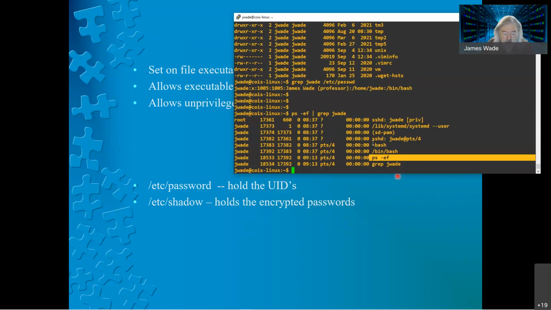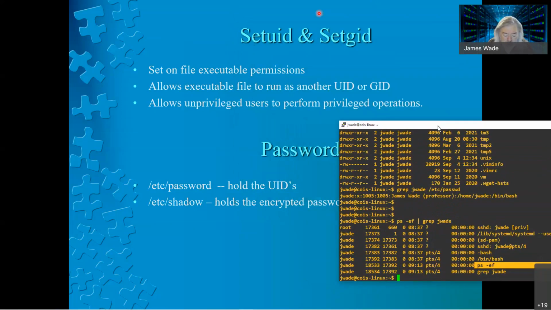Well, there's something called set UID and set GID. It's a way to set the executable permissions on a file, allowing it to run as another UID or GID. It allows unprivileged users to perform privileged operations.